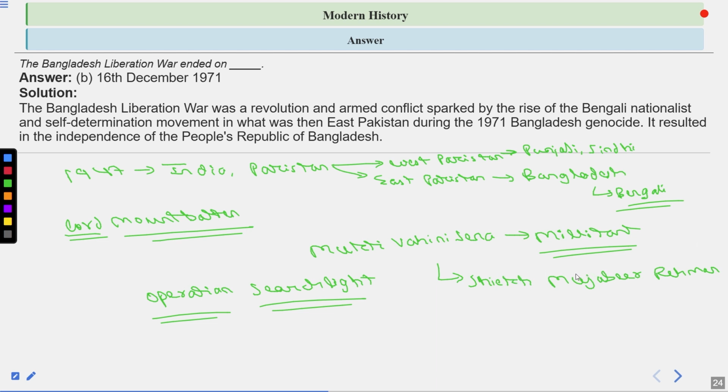Then people started migrating to India, and finally India had to declare war on Pakistan when the Pakistani Air Force attacked the Indian air bases at Agra and Punjab. So that's how on 16 December 1971 the battle concluded, and Pakistan got defeated and surrendered with 93,000 soldiers. This is the highest number of soldiers surrendered after the Second World War. And that's how finally a new country was formed, Bangladesh.